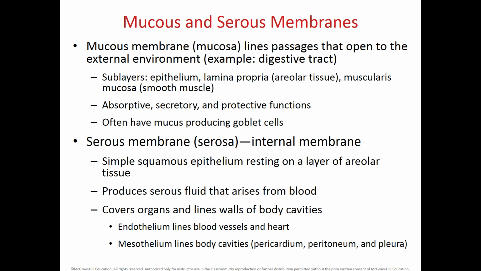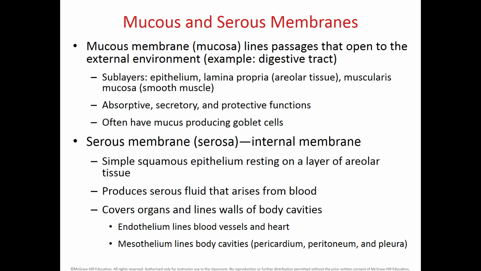Some of the characteristics of these mucous membranes is that they are absorptive, but also they secrete substances and they protect us from invasion of microorganisms. And often they have these goblet cells that produce the mucus. That's why they're called mucosas or mucous membranes.